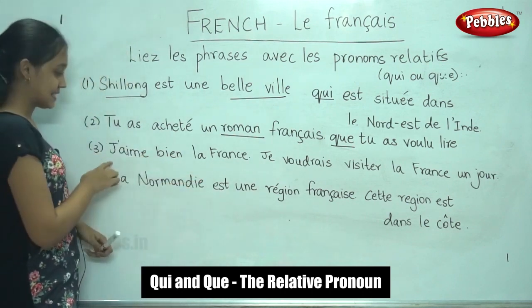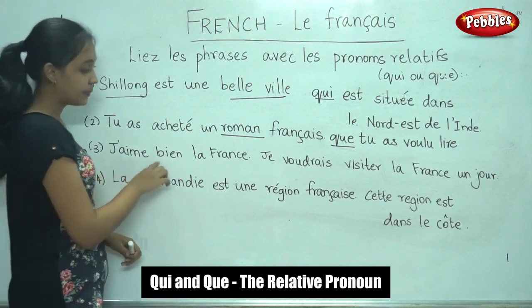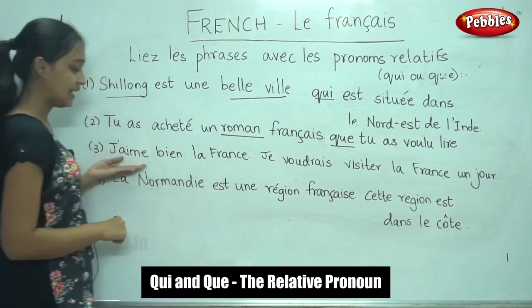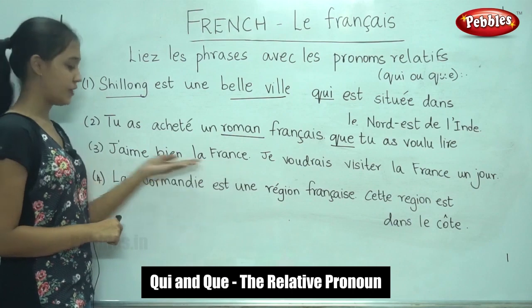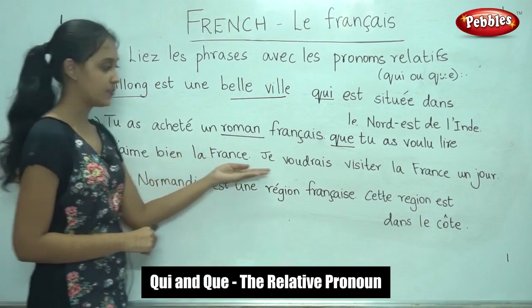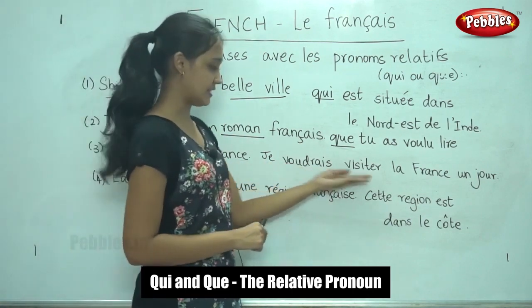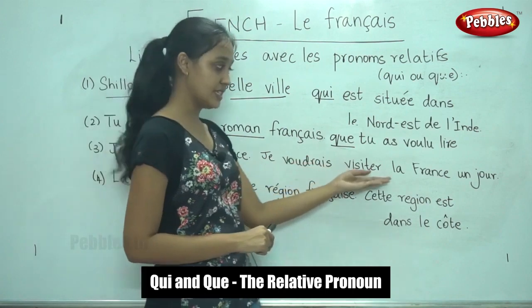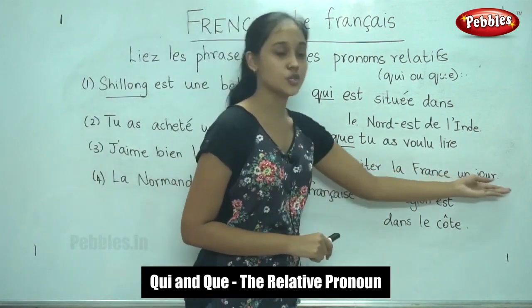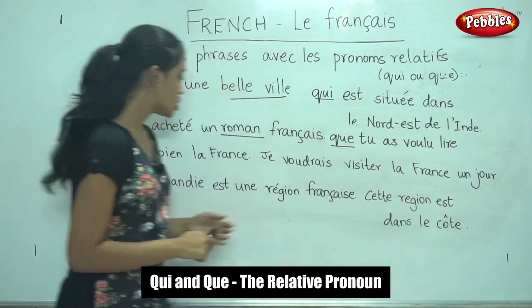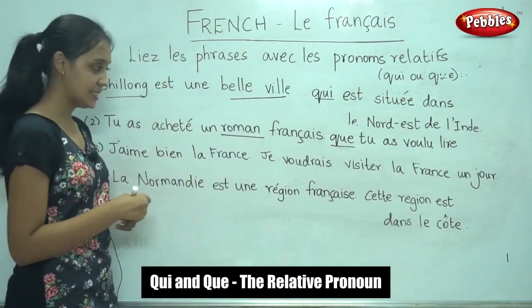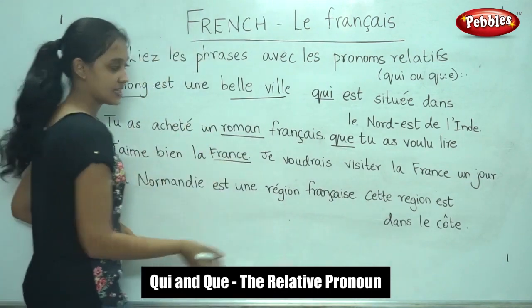So the third sentence is J'aime bien la France. I like France very much. Je voudrais visiter la France un jour. I want to visit France one day. So what is the word that is repeated? It is France.